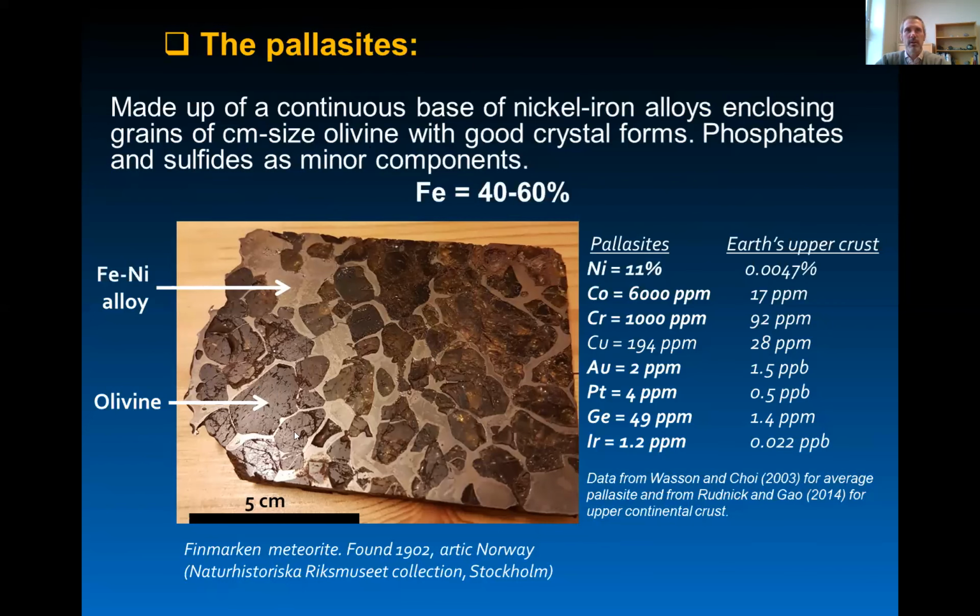This is what you see here. And we can also find phosphates and sulfides as minor components. In terms of composition, pallasites are very interesting as a resource. They contain between 40 and 60% of iron. They contain a lot of other metals and elements.